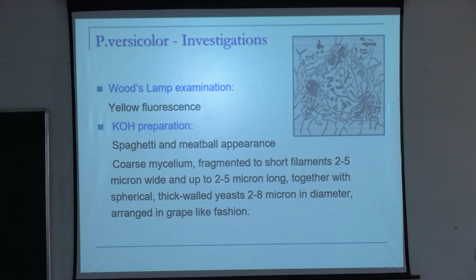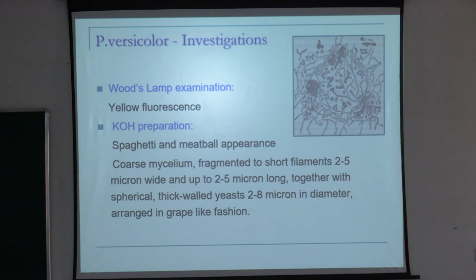For any fungal infection, the KOH preparation, potassium hydroxide preparation, is very important. We send it to the microbiology department. You can see fungal hyphae, mycelium, and fragmented short filaments. These are the microbiology part.